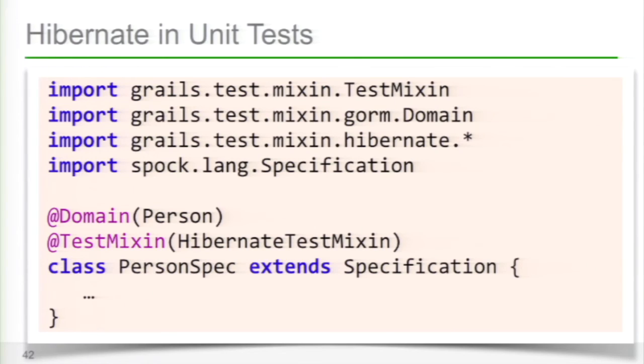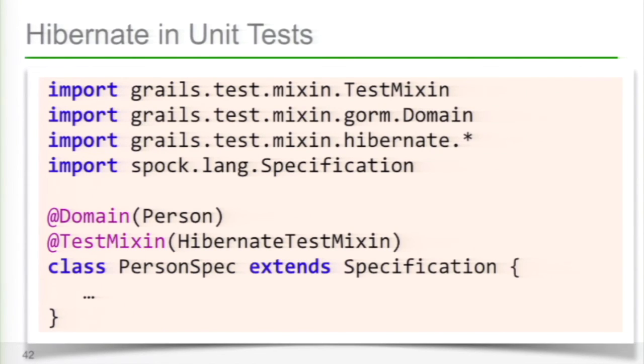It'll do it once per spec. So it'll initialize Hibernate at the class level, and then each test won't have to do that again. That makes sense. So it's one-time initialization, and it wraps each test method in a transaction that rolls back, so that individual tests don't share data.